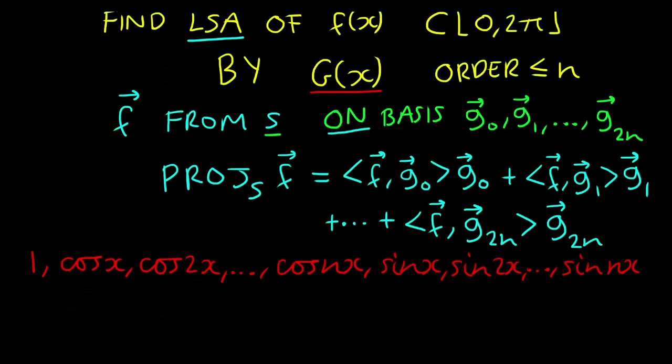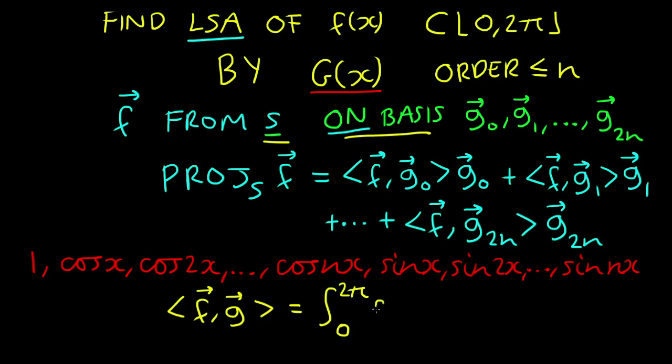So if we applied the Gram-Schmidt process to find an orthonormal basis for S from these basis vectors, this orthonormal basis would be found relative to the inner product that we defined in our inner product space of continuous functions. So this inner product is defined on the closed interval from 0 to 2 pi. So we have the integral of the product of two functions from the inner product space with respect to x.